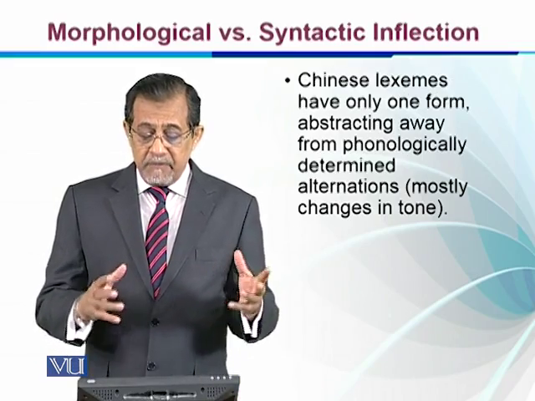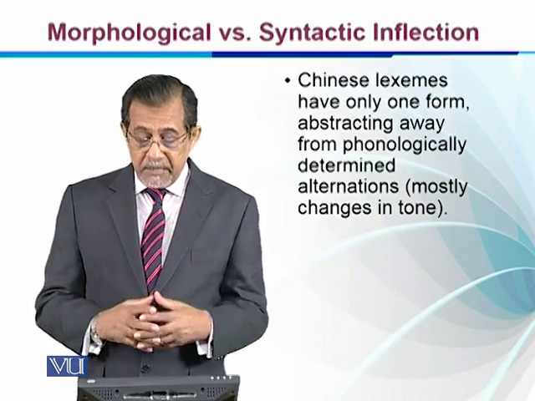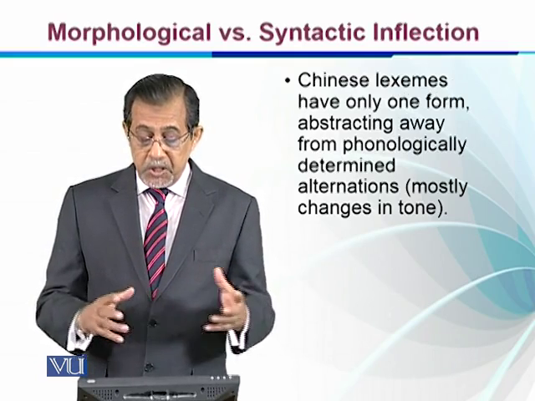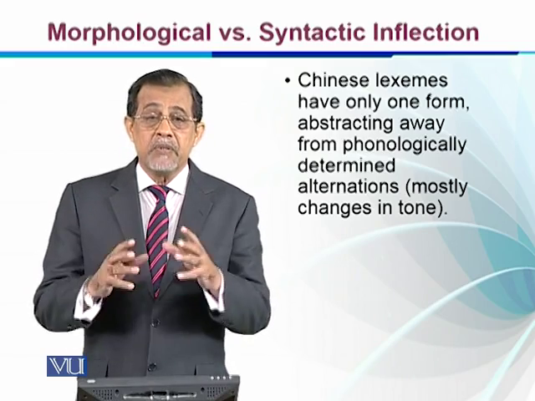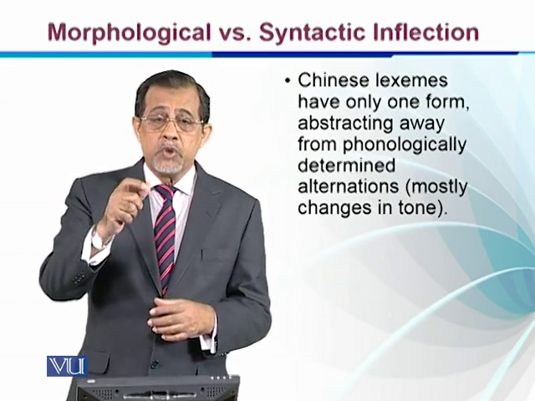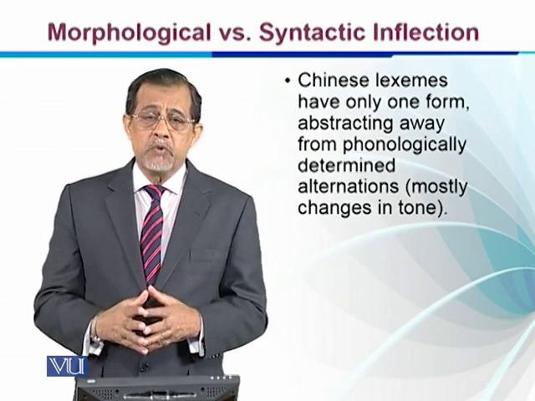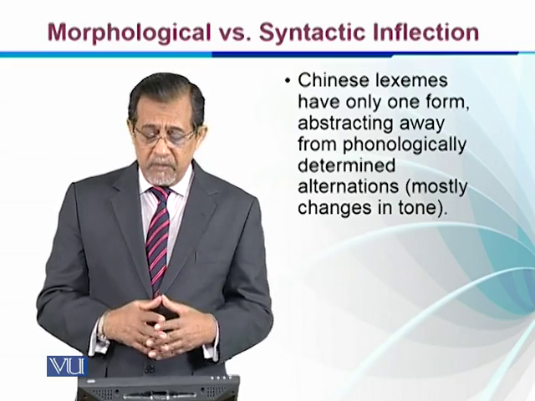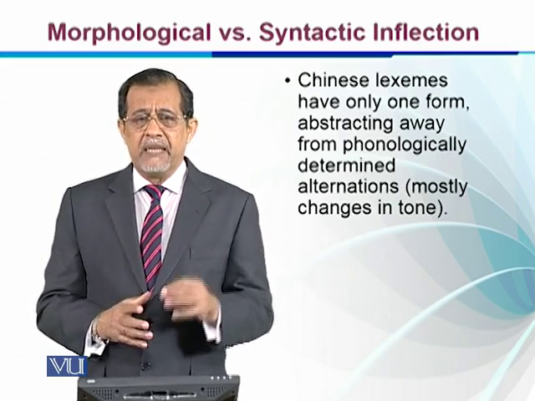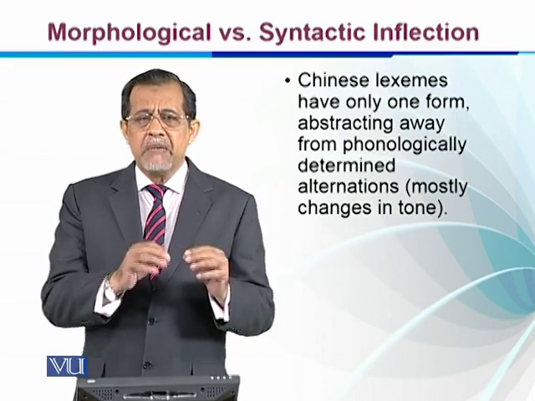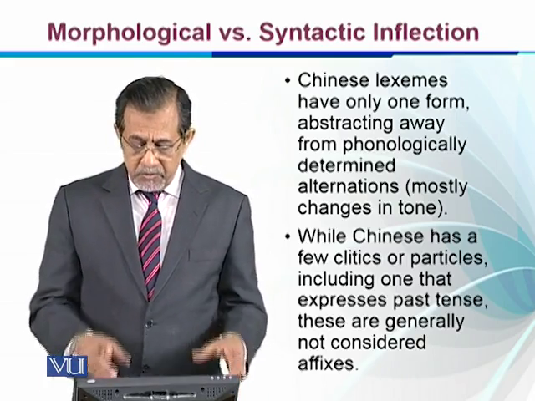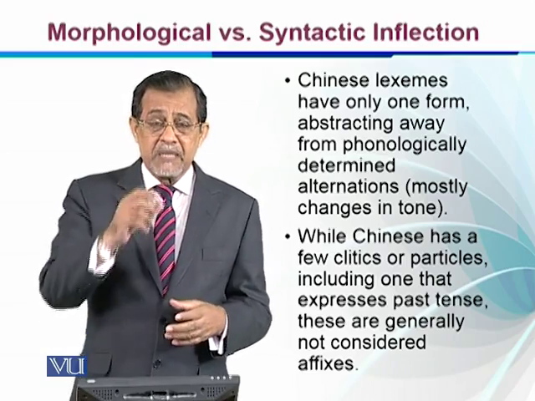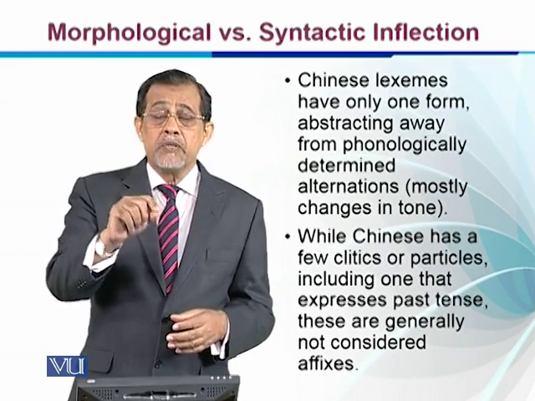Chinese lexemes have only one form, abstracting away from phonologically determined alternation, mostly changes in tone. So, in Chinese, it is the tone that brings different meaning to the words, right? No inflection is added, and even if any inflection is added, that is very minute, right? While Chinese has a few clitics or particles, they do not stand alone.